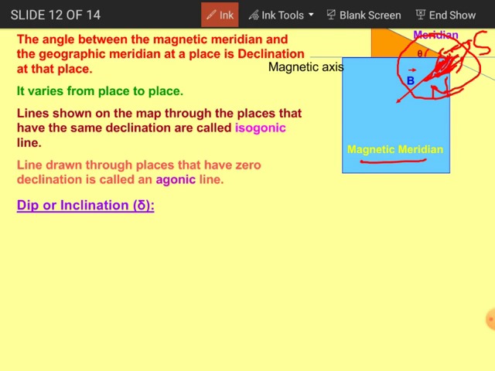Previously, suppose it is here like this, north pole on this side, south pole on this side. If you place your compass needle parallel to the horizontal, that is the horizontal plane.